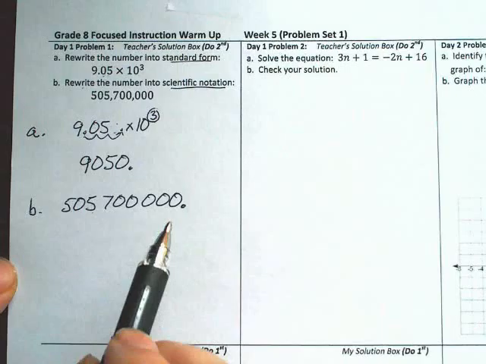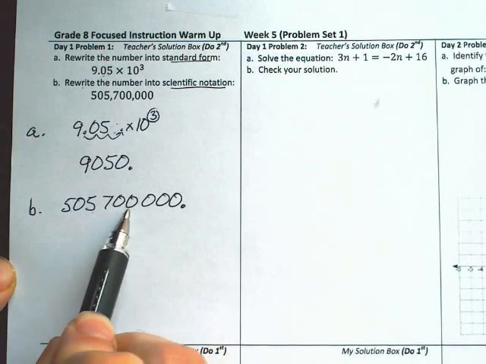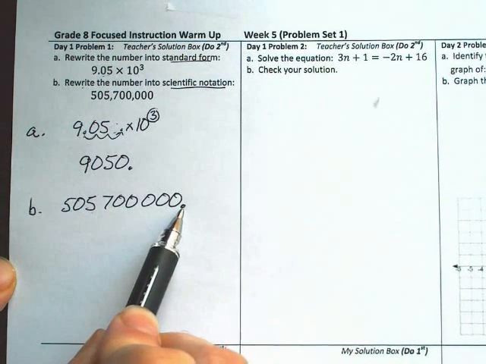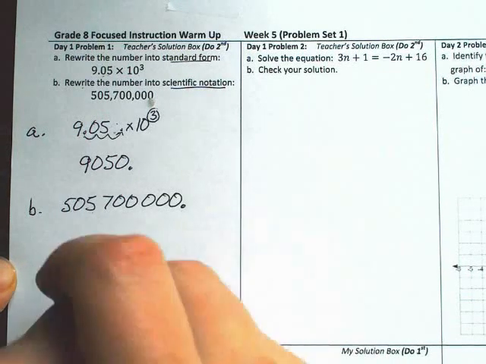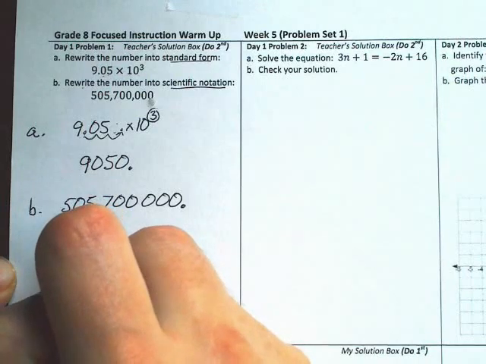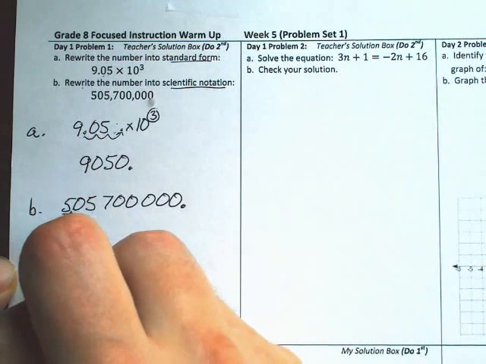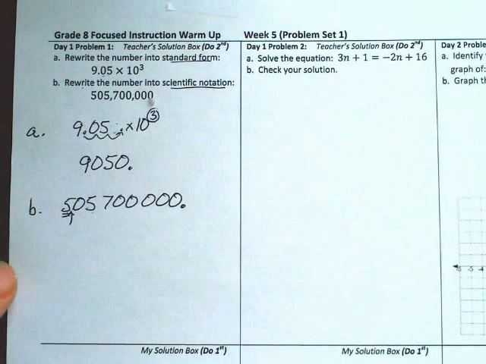Well, in scientific notation, instead of having several numbers to the left of the decimal point, we want to have only one number to the left of the decimal point. That means we want to put the dot here so that only the digit 5 is to the left of the dot.